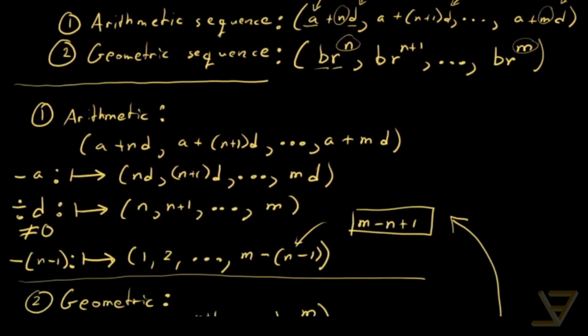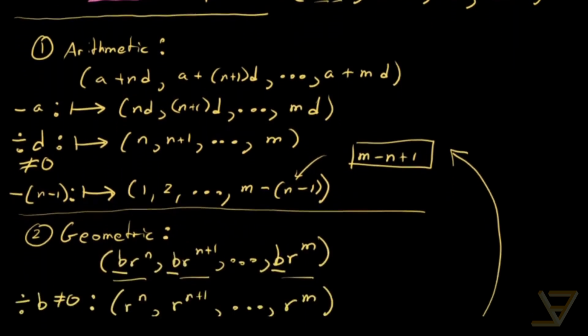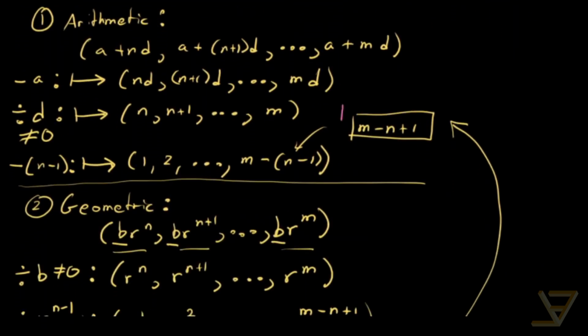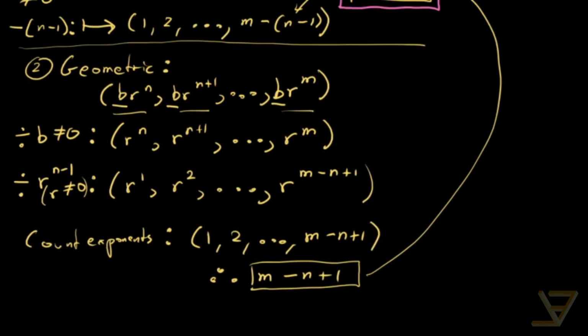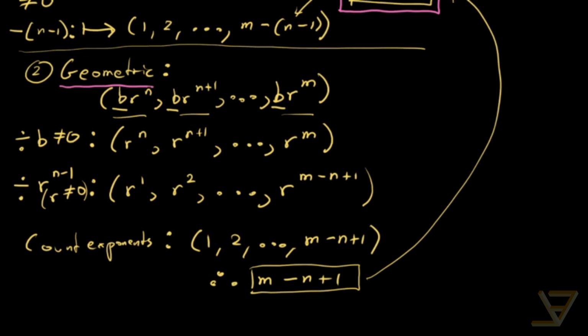And finally, we applied this idea to arithmetic sequences and geometric sequences. We found that in the arithmetic case, the answer is m minus n plus 1. And in the geometric case, we found that the answer is identical. It is m minus n plus 1.